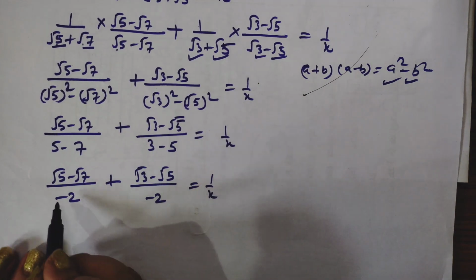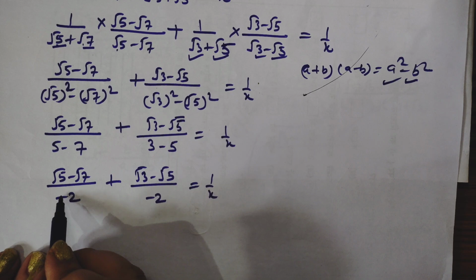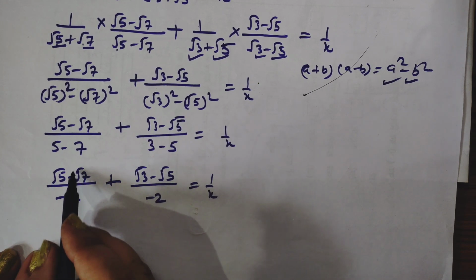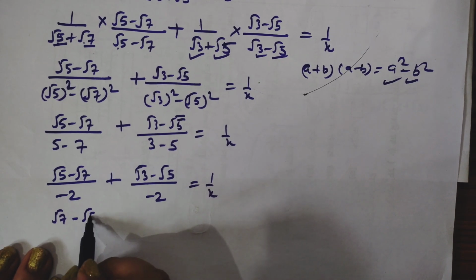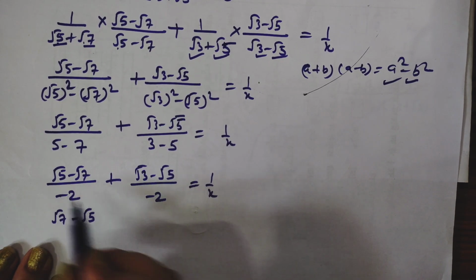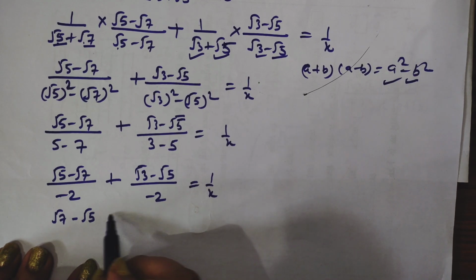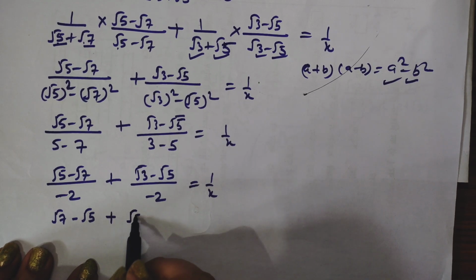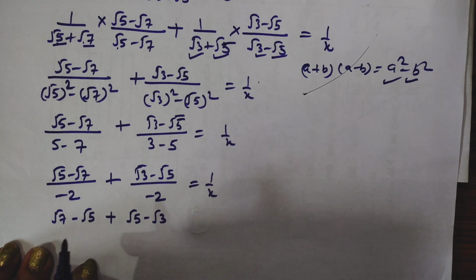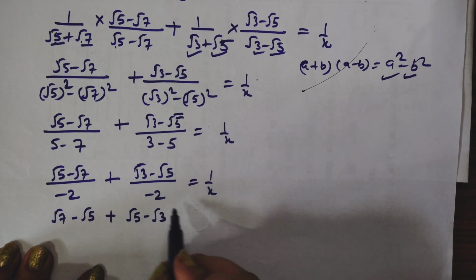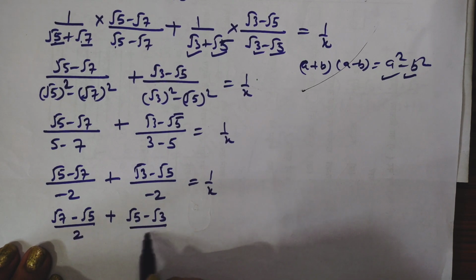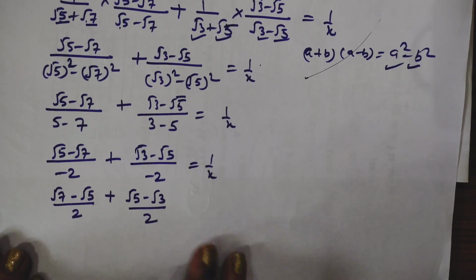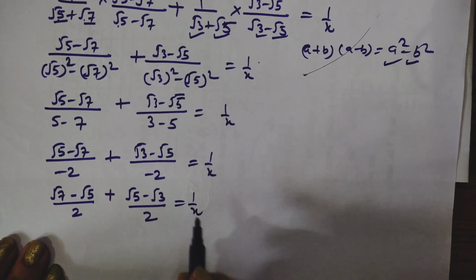Can we use this minus sign in the numerator? If the minus sign comes in the numerator, then root 7 becomes positive and root 5 negative. Just change the sign because of this minus sign, and here also we'll write root 5 minus root 3. Okay, and in the denominator 2 is as it is, and the right-hand side 1 upon x is also as it is.